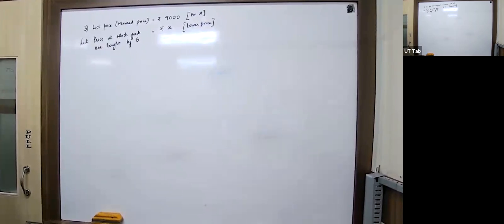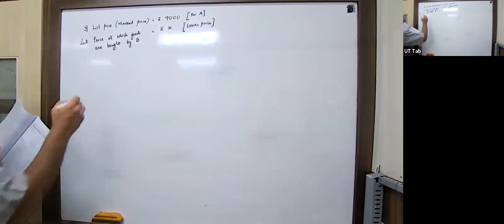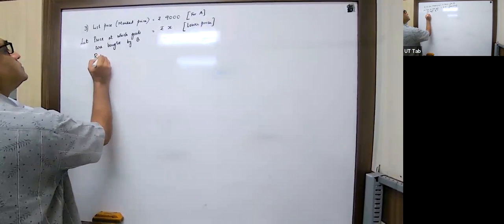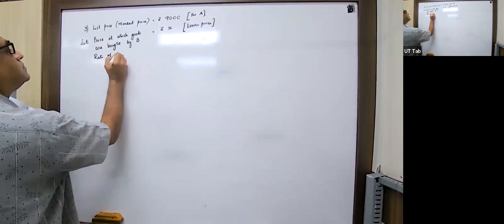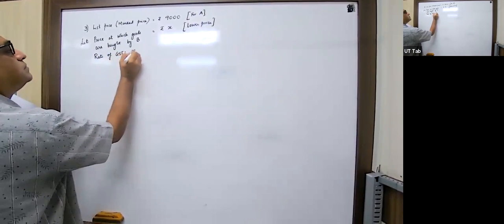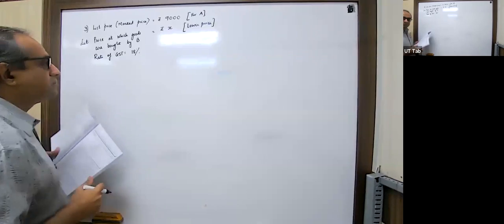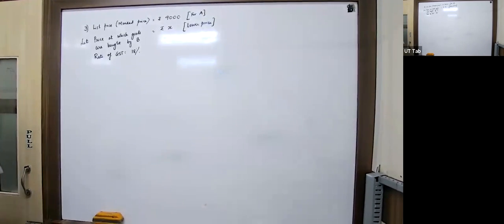Rate of GST is 18%. And the GST paid to the government is rupees 324.